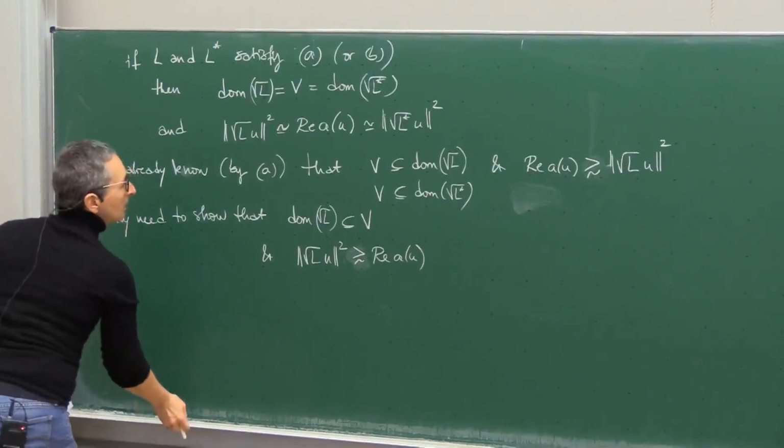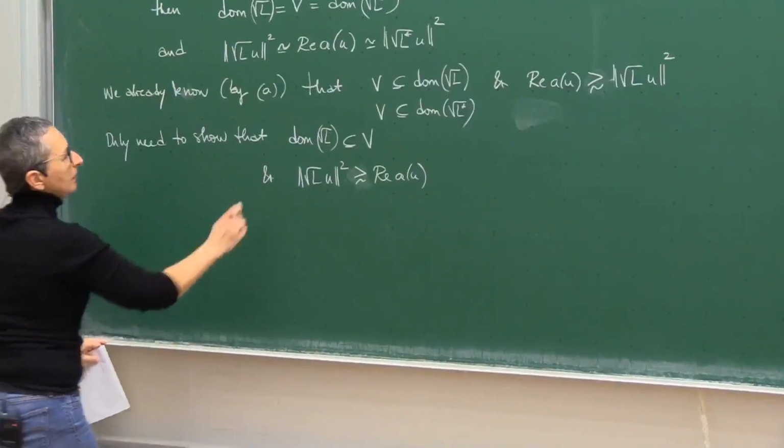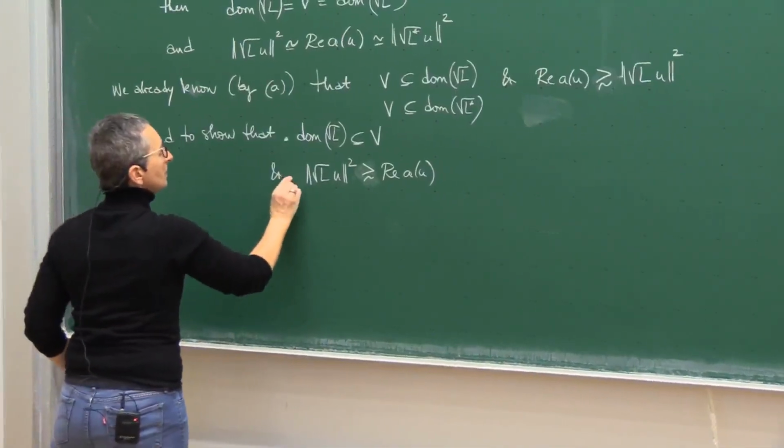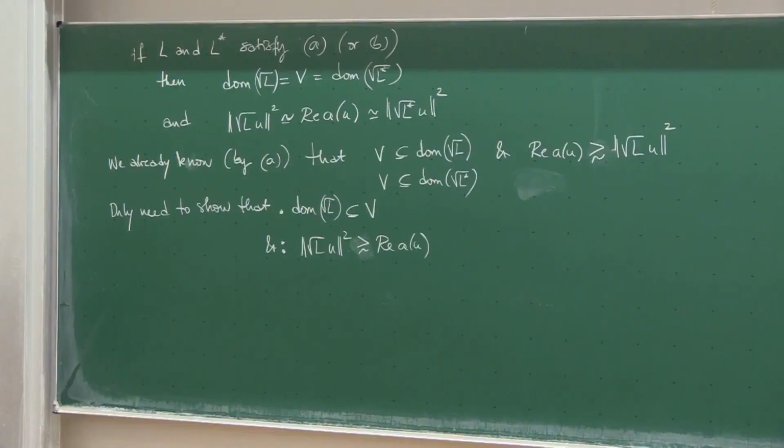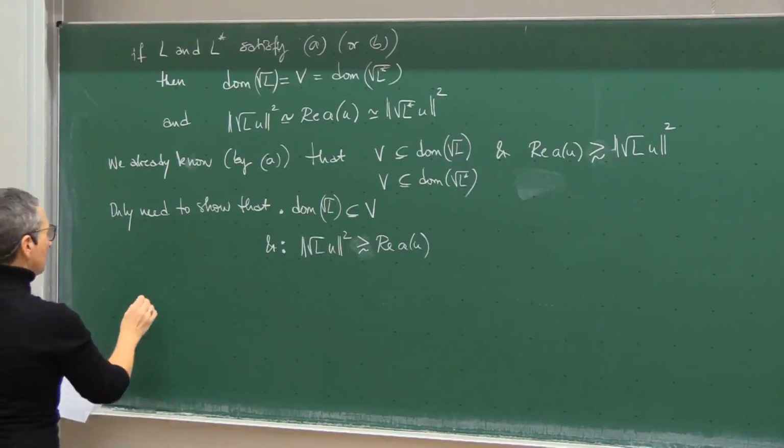So we have to prove these two, and then by symmetry we do the same thing with L star instead of L, and then we're good, right? Because if L is a divergence form operator, L star is also, everything which goes for L goes for L star.